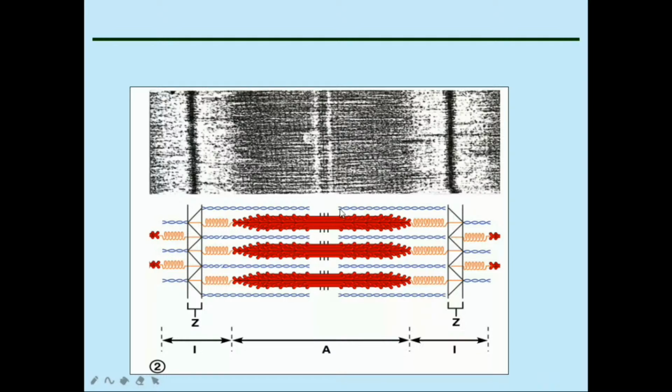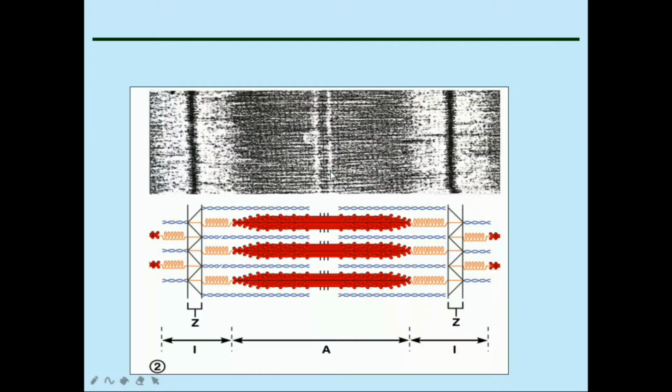There are no interdigitating actin filaments. They end here itself and here itself. So in the central portion of the myosin filament, there is no interdigitation. And because there is no interdigitation, it contains only the myosin filaments and therefore it appears lighter in color.